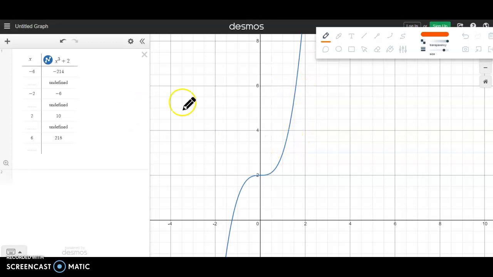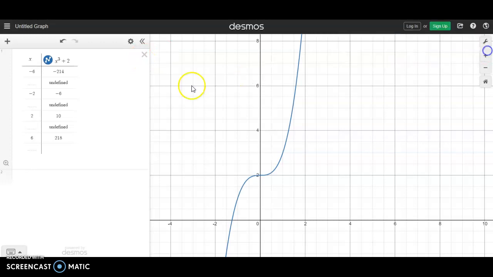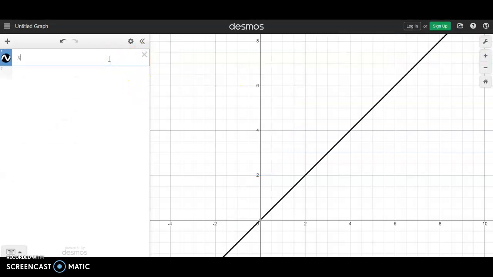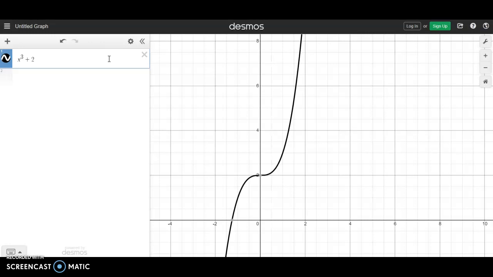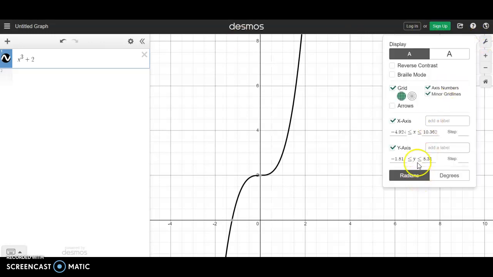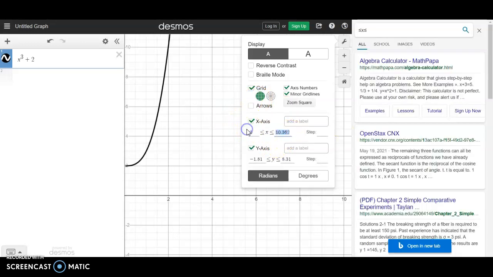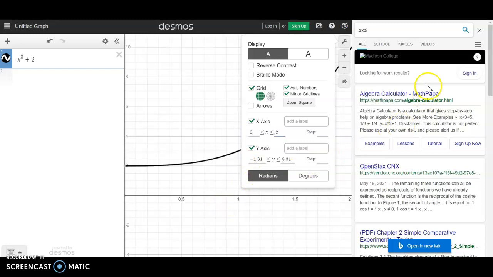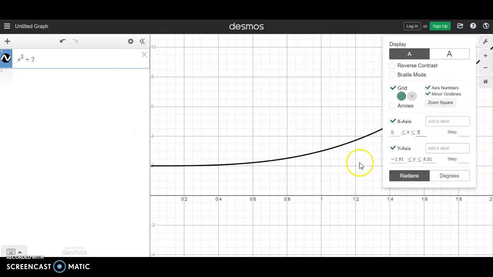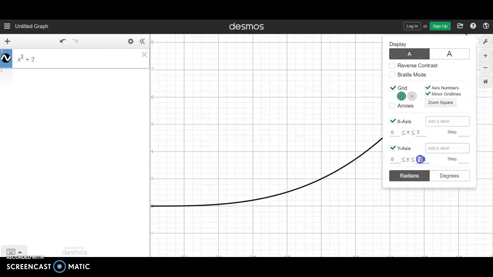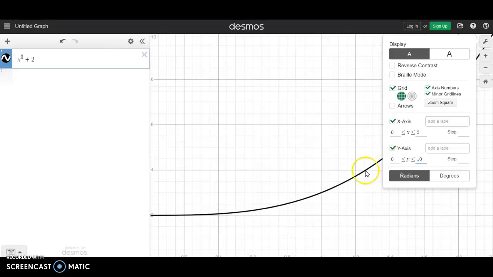Okay, so let's say we're given a curve like this. Let me set this up so we're only looking at what really matters, from 0 to 2, from 0 to 10.